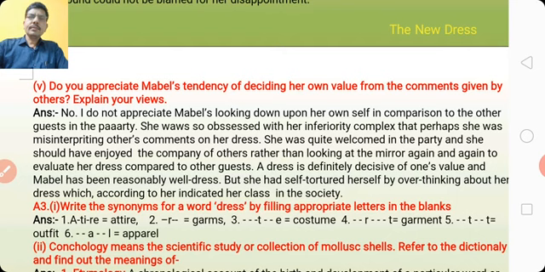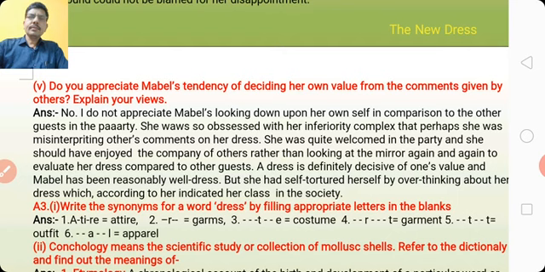She was so obsessed with her inferiority complex that perhaps she was misinterpreting others' comments on her dress. She was quite welcome in the party and she should have enjoyed the company of others rather than looking at the mirror again and again to evaluate her dress compared to other guests.